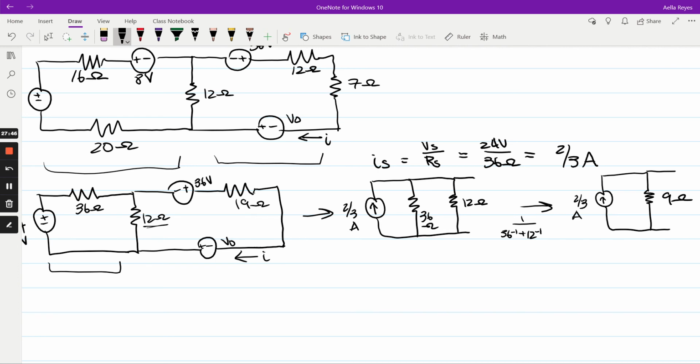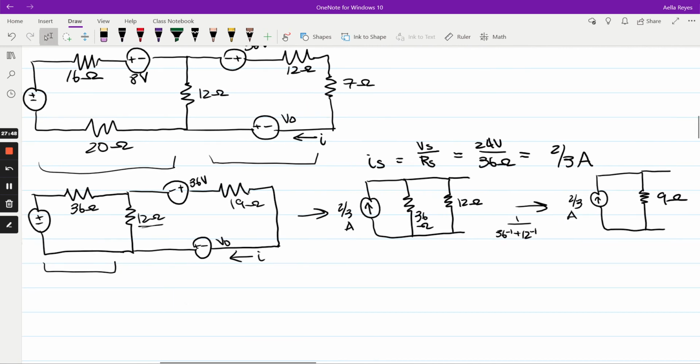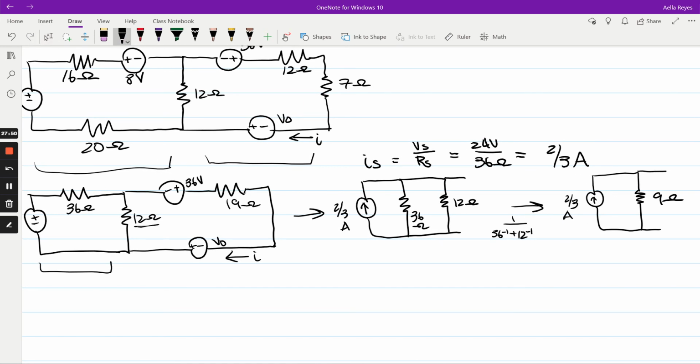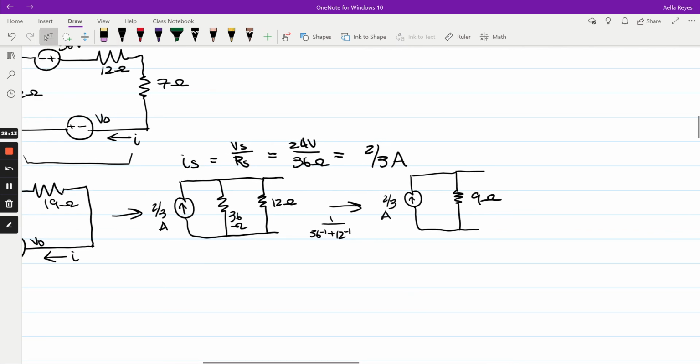As you can see, this current source still isn't the same as these voltage sources on the right side, so we can't add them together. So we're going to have to source transform this one more time to go back into the original voltage sources so they can all be added together.